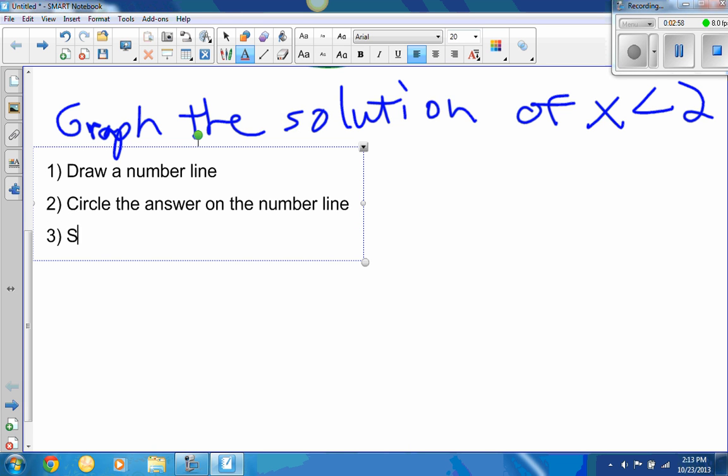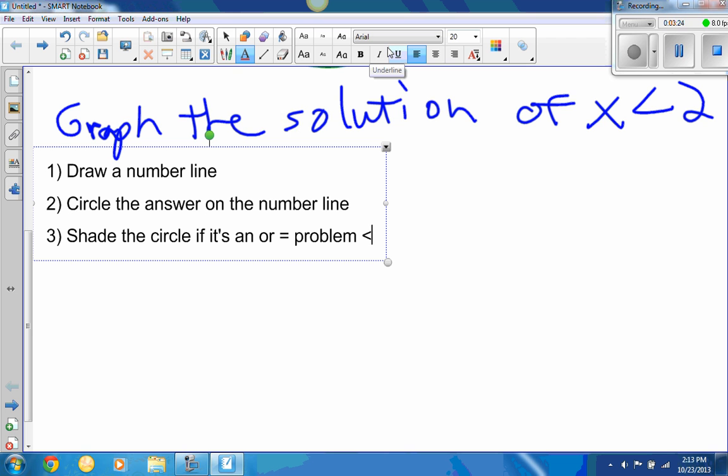And then after you circle it, you are going to shade the circle if it's an or equal problem.